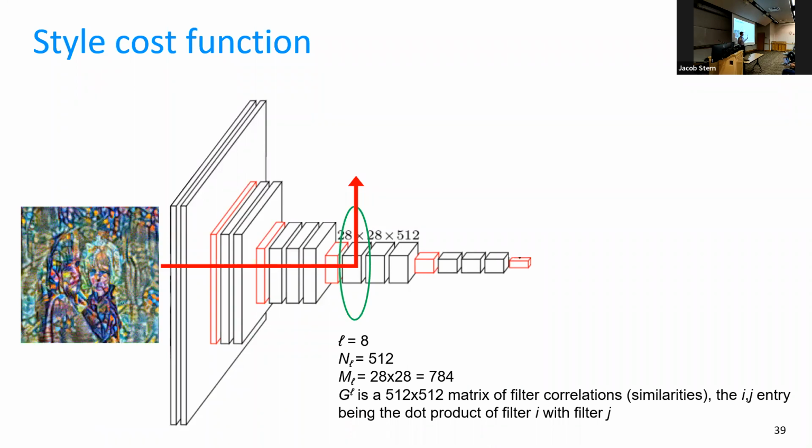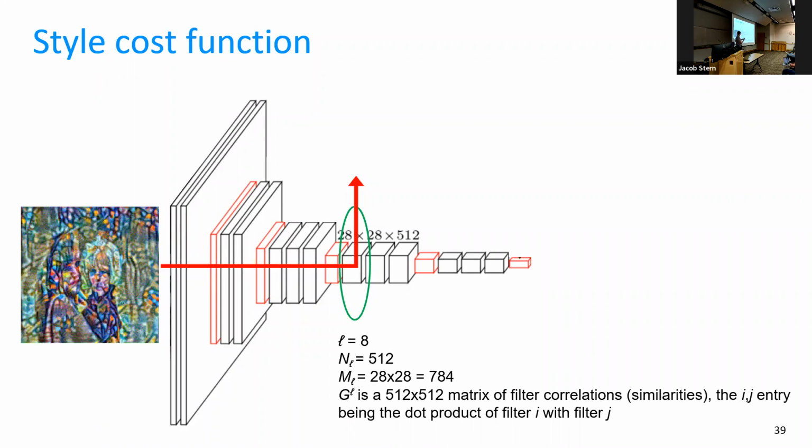Because if you remember, the spatial information was contained in the columns of that feature matrix. So the rows represented different filters or features, and the columns represented where in the image those features were. By taking the gram matrix, we erase all of the spatial information and we're only left with the correlation of features with themselves. So that's where the whole image comes in.